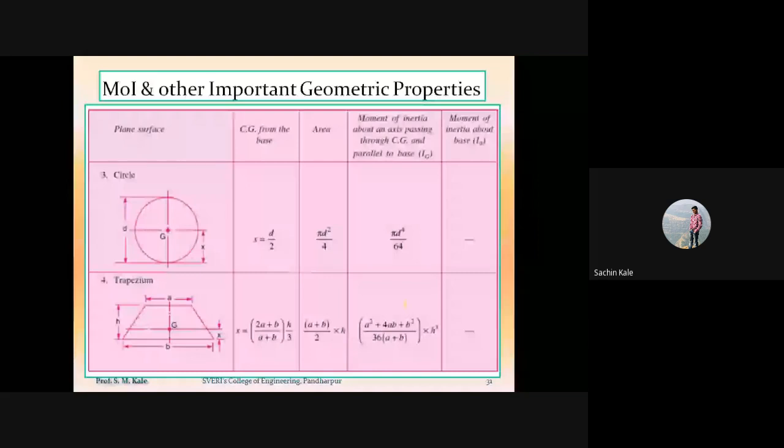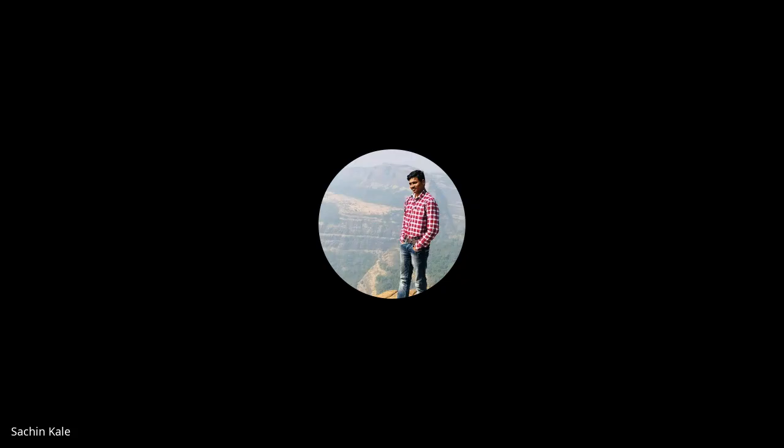Whatever headings are there, that heading row is the same. Whatever first two geometries you have written, below that directly write the third one, circular. Draw this circular shape, write down the value of x, value of area, value of Ig. And after that, the fourth geometry is nothing but trapezium. Write down the value of x, value of area, and value of Ig.